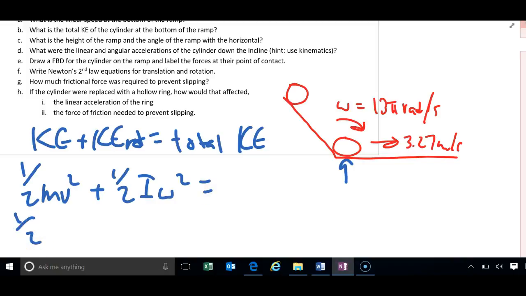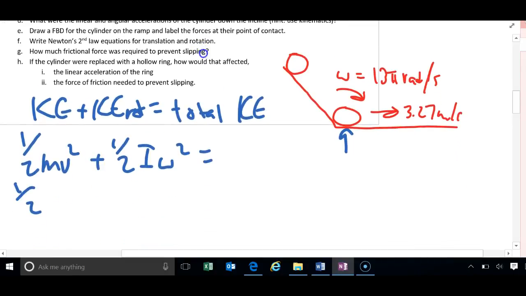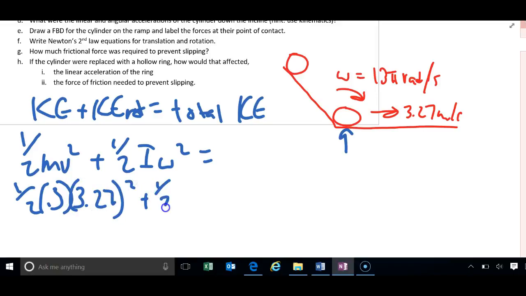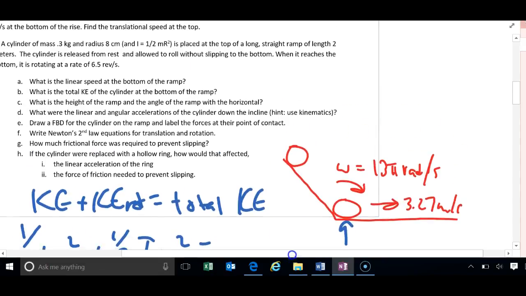Half the mass, my mass is 0.3. The velocity at the bottom, that's what we just calculated, 3.27 squared, plus half of I. Okay.